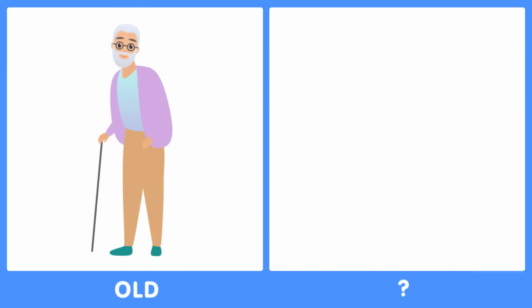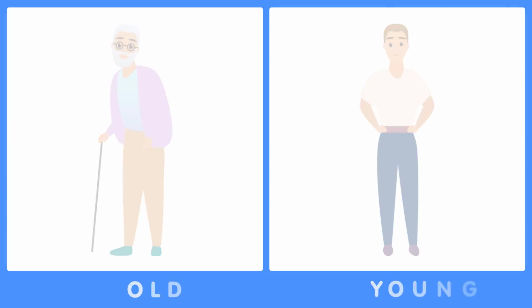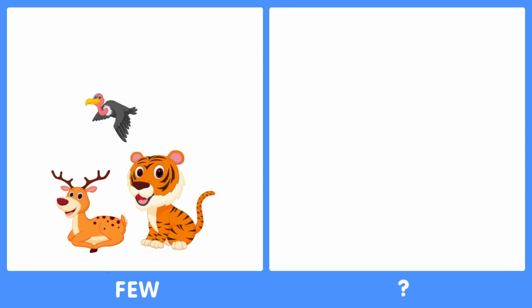The next word is old. The opposite of old is young. The next word is few.